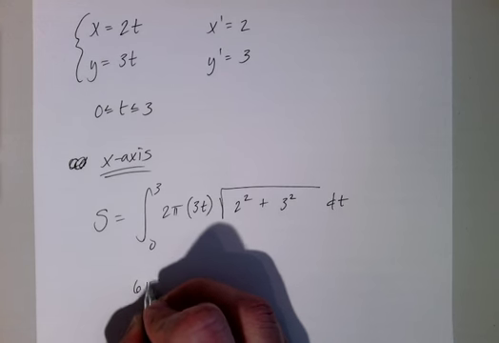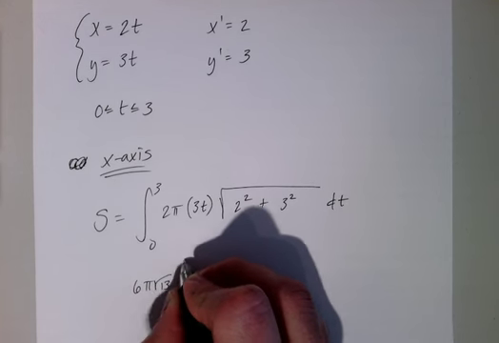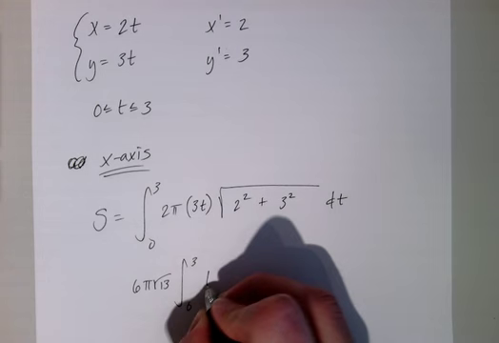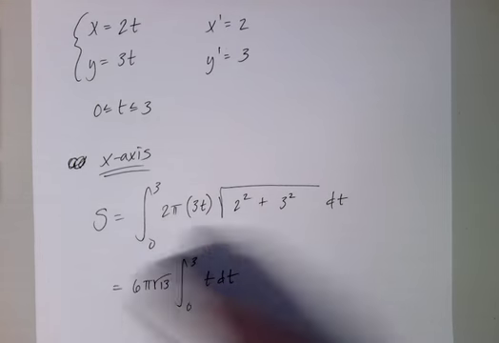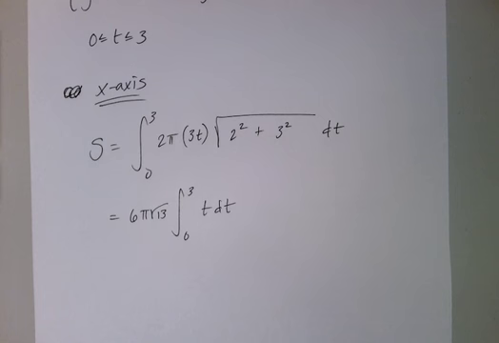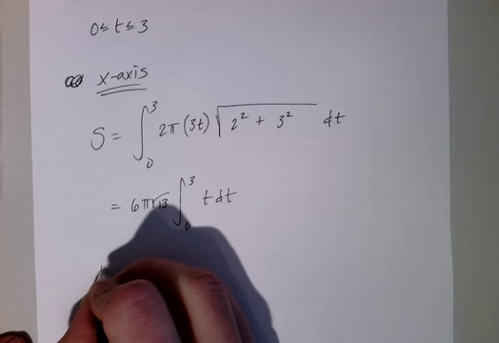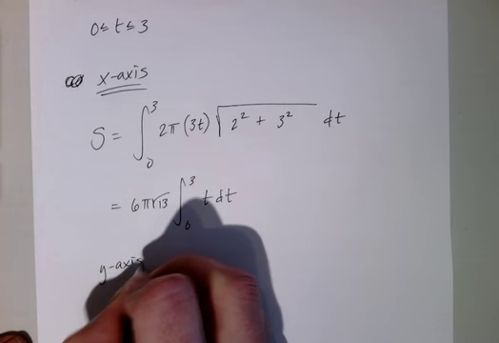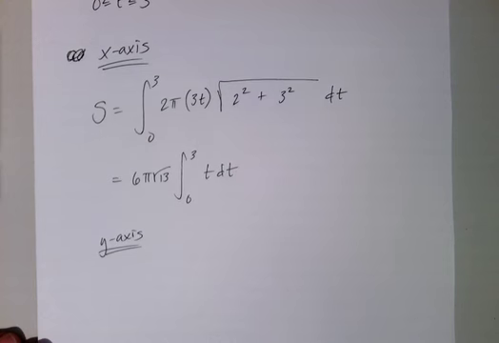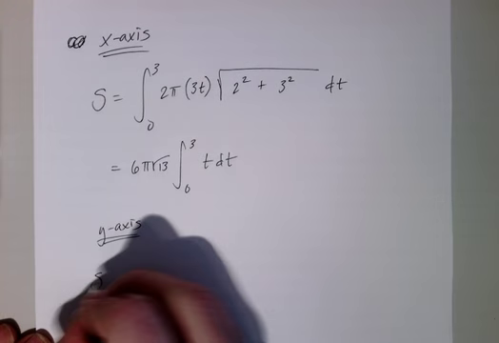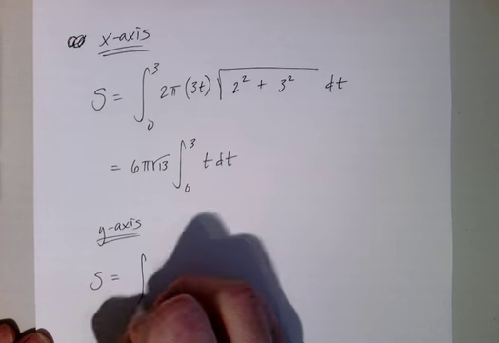So 6 pi times root 13 can be pulled out in front, and that is actually a pretty easy integral to figure out. Okay, if I was going around the y-axis, it would be very, very similar. I would just wind up with a little different constant out in front.